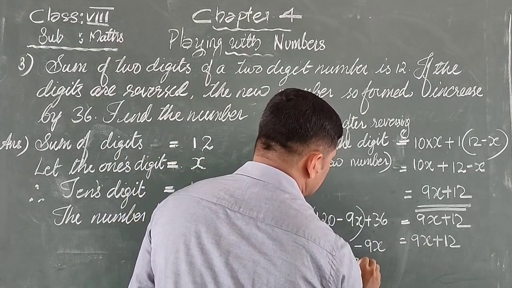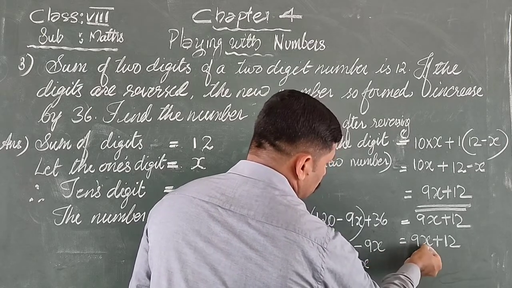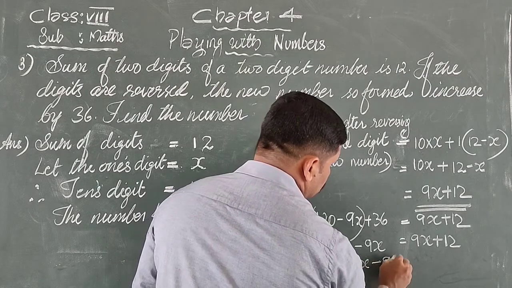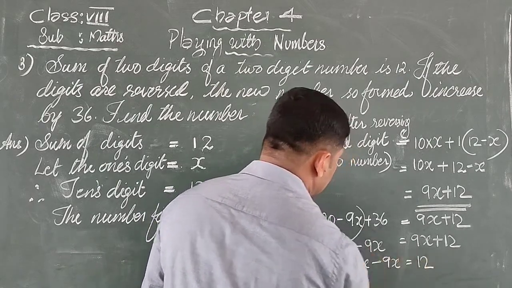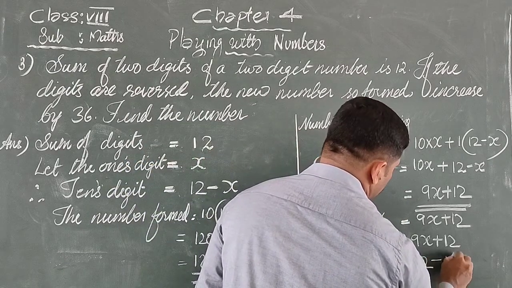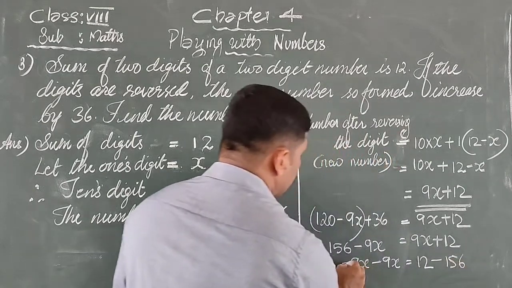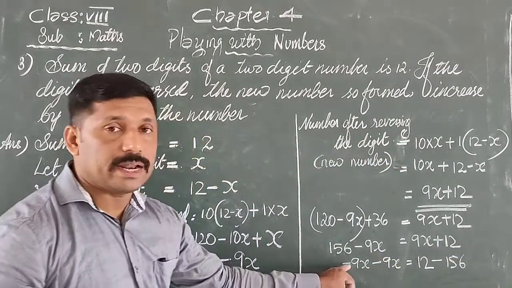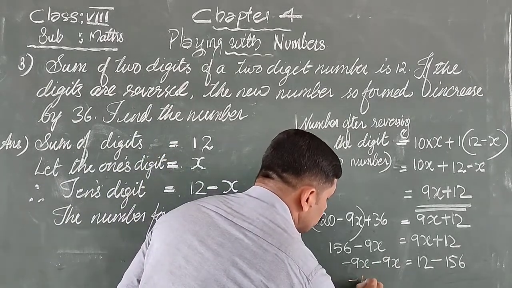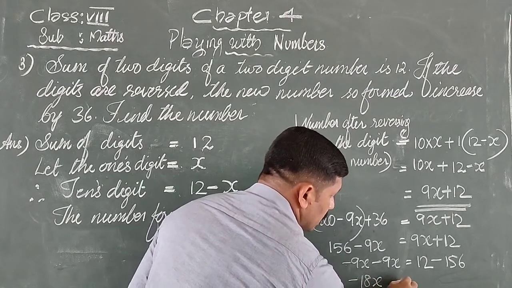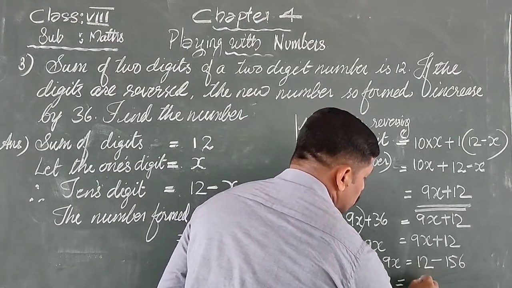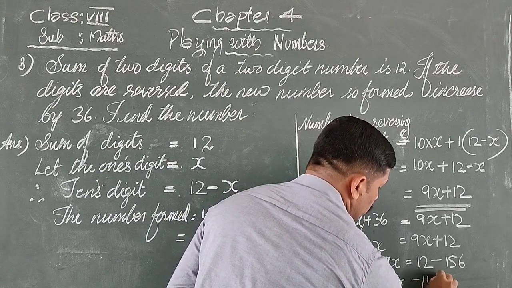So negative 9x, positive 9x changes to subtract 9x, is equal to 12, and we take this 156 to that side, so the positive changes to negative, minus 156. Negative 9x minus 9x, both are negative, we add them, therefore it will be negative 18x is equal to 12 minus 156. When we subtract 156, that will be negative 144.